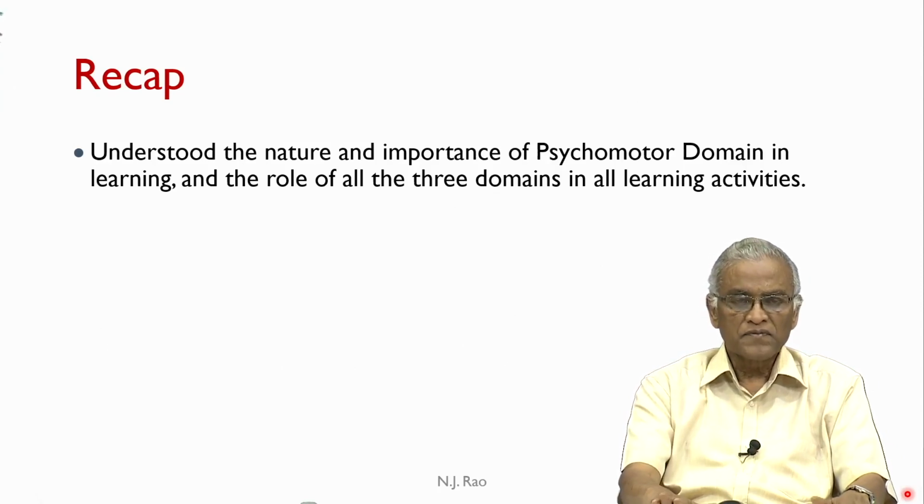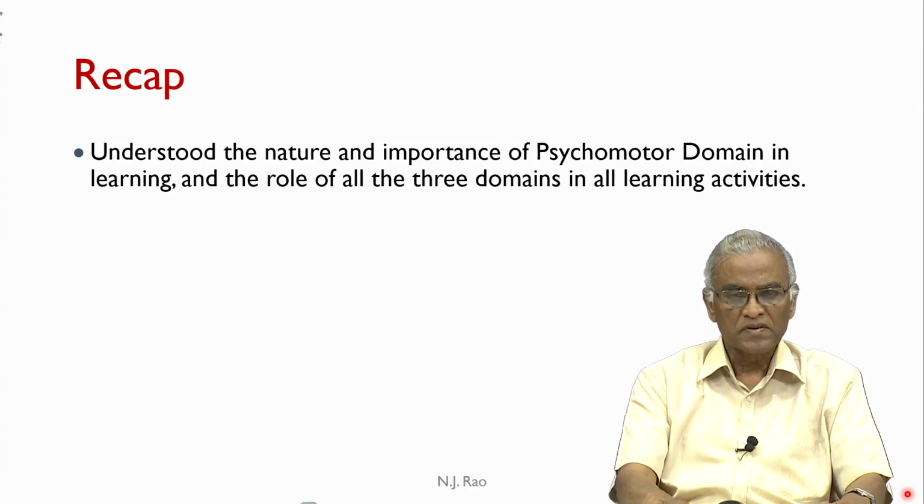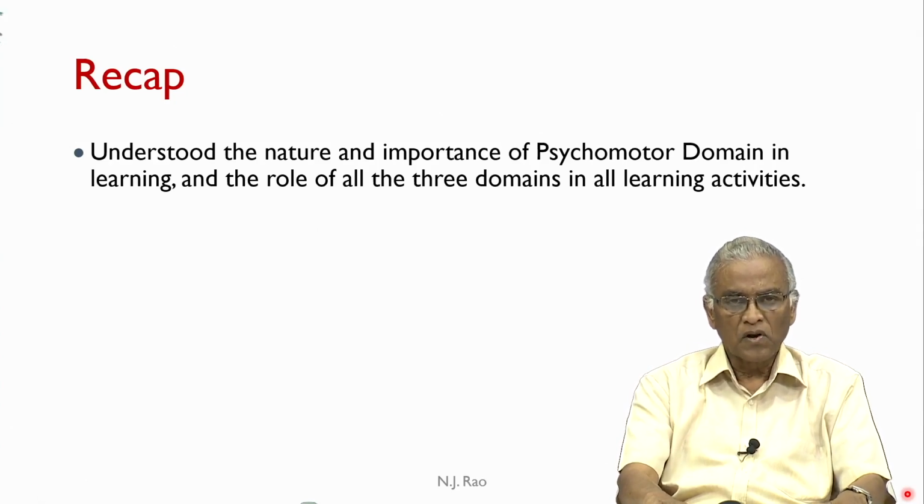Depending on the nature of the activity, one particular domain may be more dominant than the other, but in any mental processing activity that you do, there is a role for all the three domains: there is cognitive processing, there is affective processing, and there is also psychomotor processing.